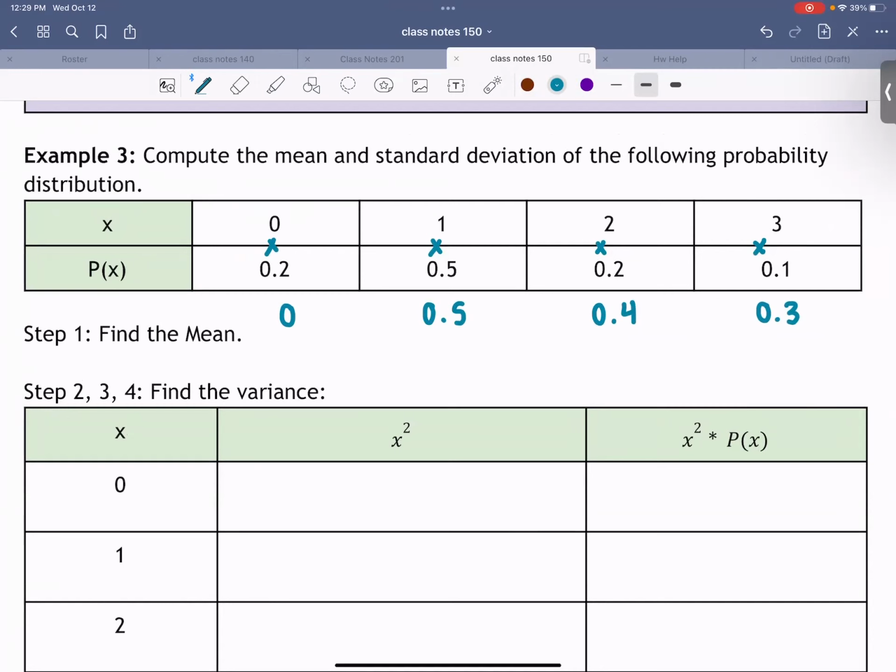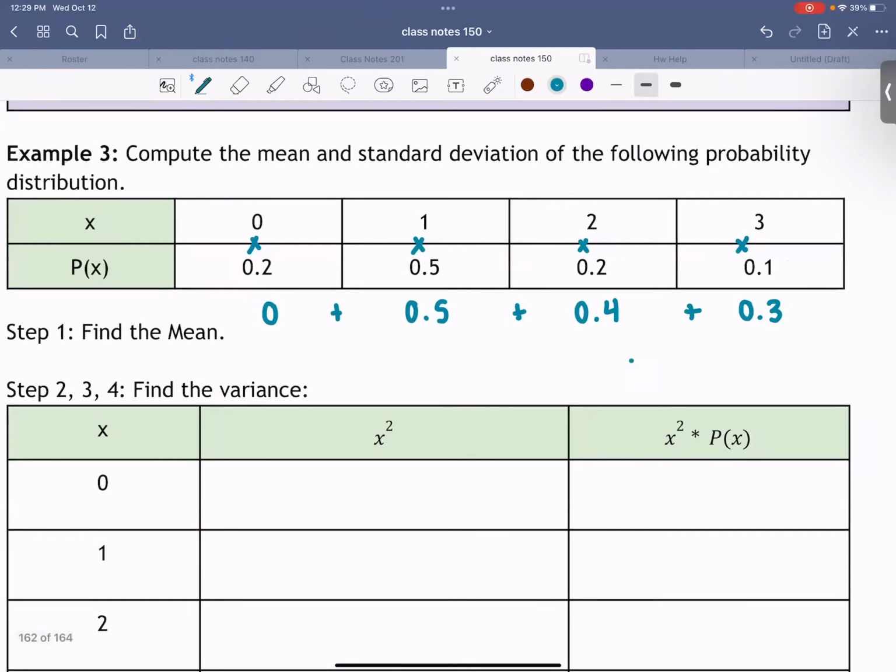Okay. Once I get these values, what's my last step in finding the mean? Good, you add them up together. So if I add these together, I get 1.2. And that is my mean or mu x. So that was my first step. Okay. Let's do step number 2.